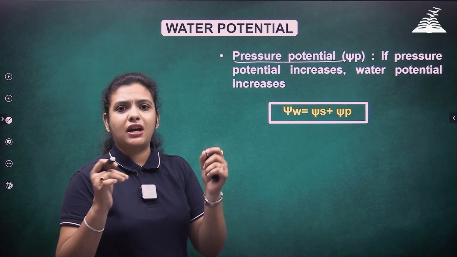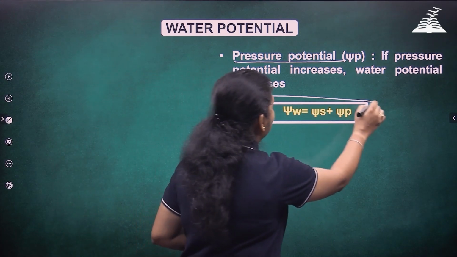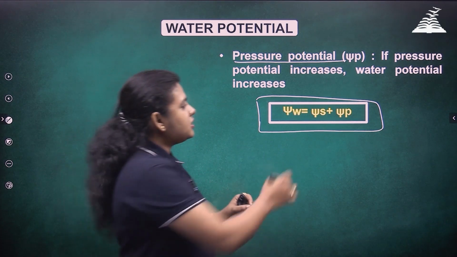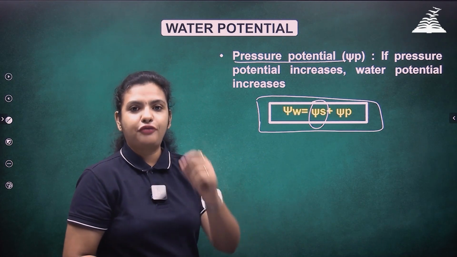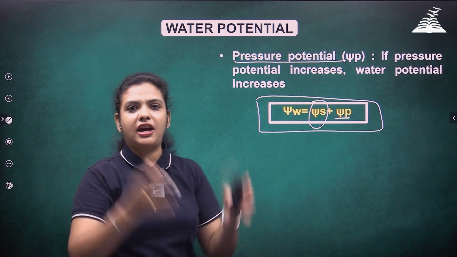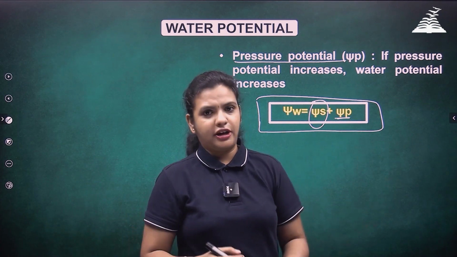So when I say water potential, can I say water potential is equal to solute potential and pressure potential? Why? Because solute molecules control the value of water potential and the pressure potential, the pressure they give. Your parents might just say, watch videos and study.